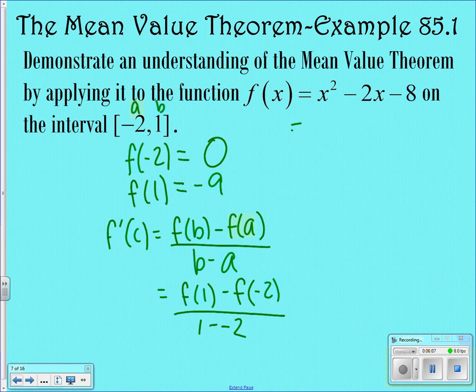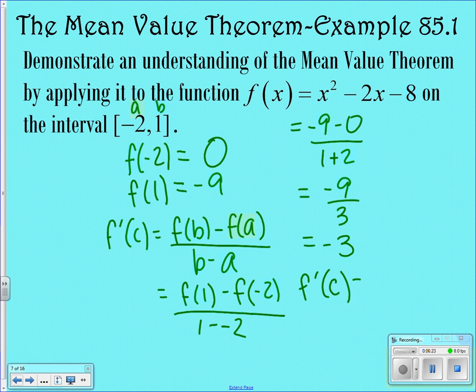I'm going to come up here. Your f of 1 is -9. Your f of -2 is 0. And then we have 1 plus 2. So I have -9 over 3, which is -3. So our derivative at c is -3.